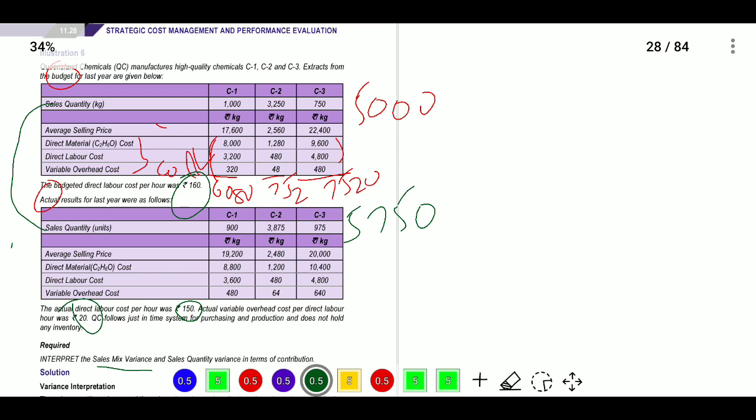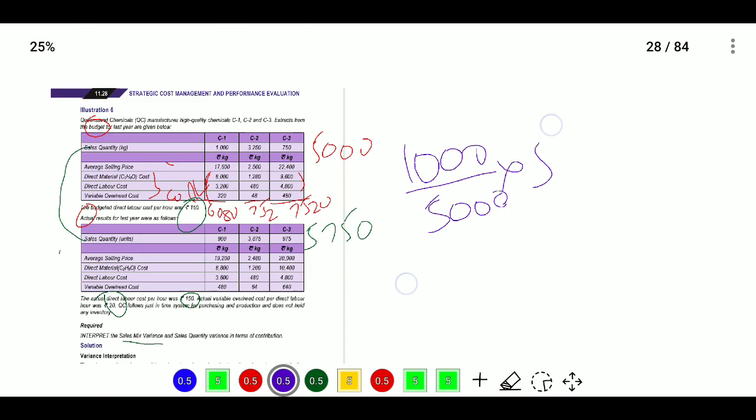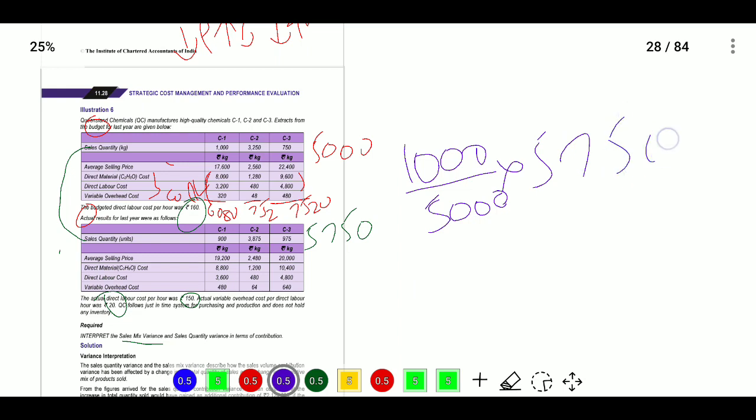So for example, what they provided: 1000, 3250, plus 750, so 5000. For 1000, we take 1000 divided by 5000 quantity, into the actual 5750.